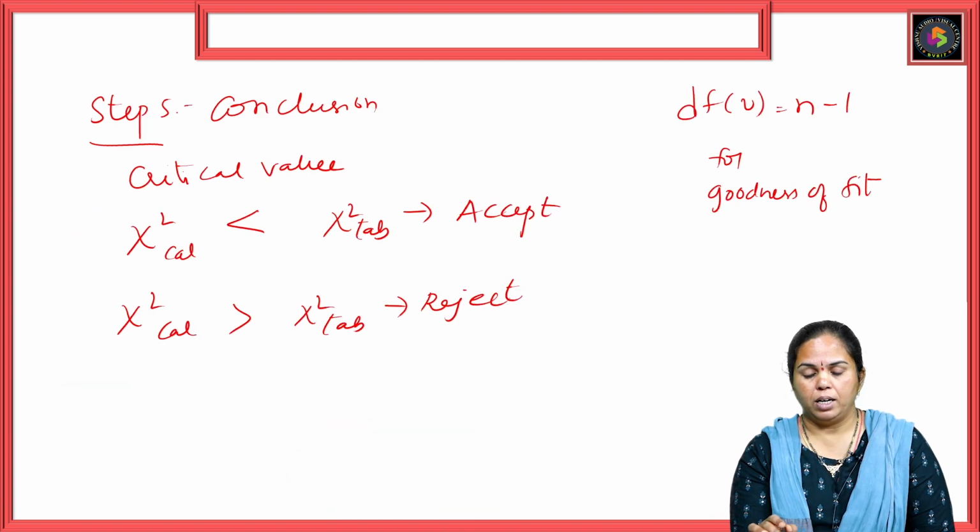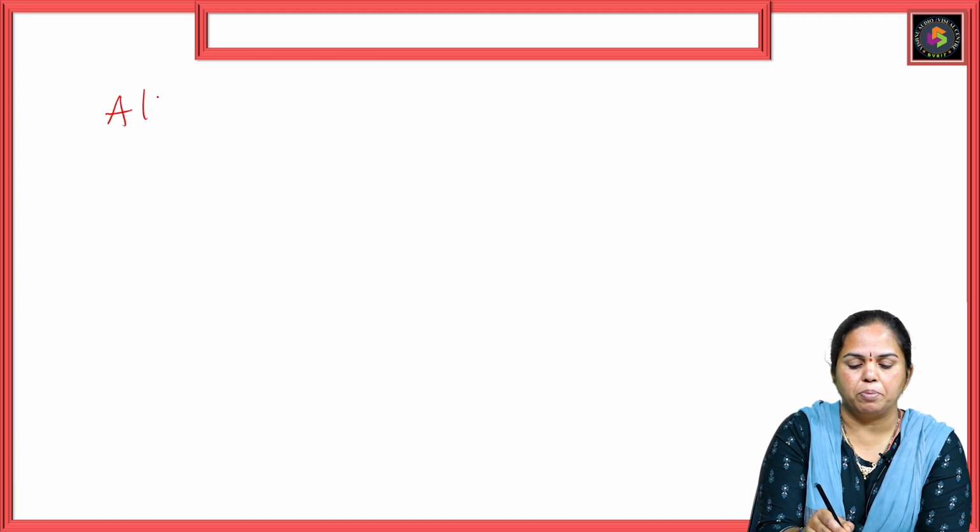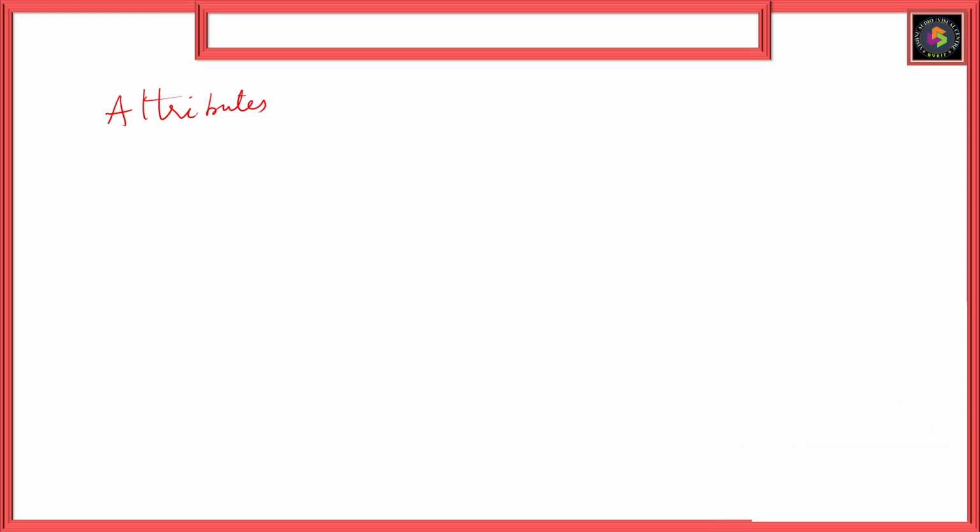Next, step 5, the conclusion. Now, if your problem is a problem of attributes, how do you identify whether it is an attribute problem or not? Here, when you have an attribute problem, go with the row total and column total.